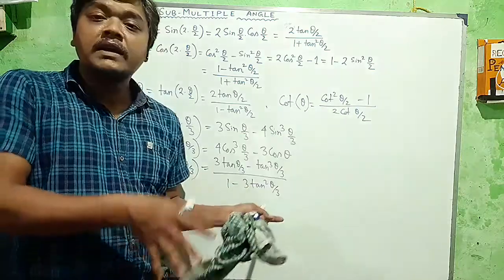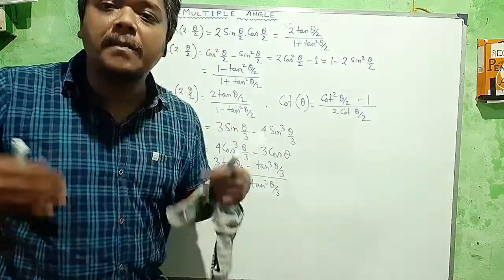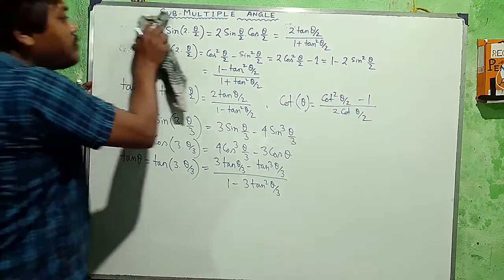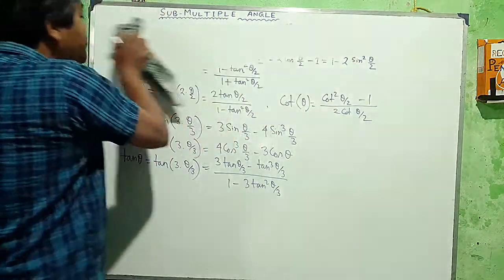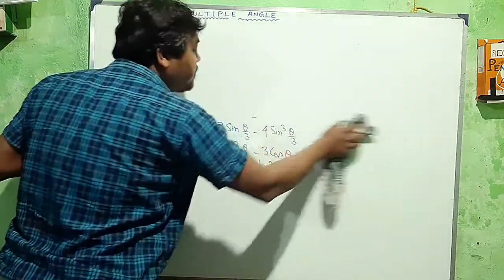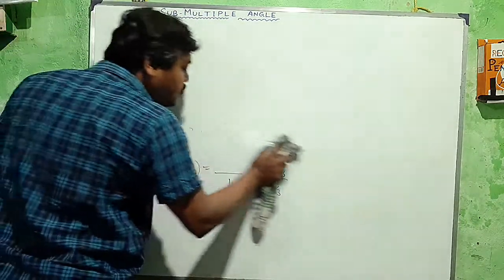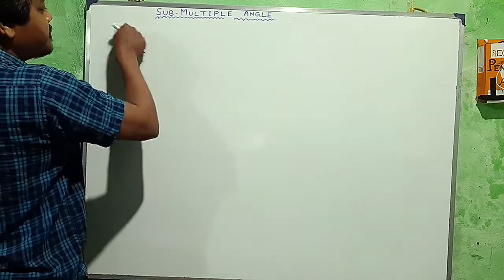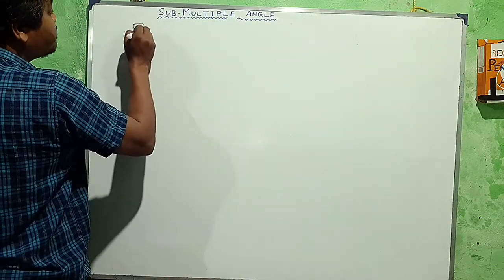By using these formulas of sub-multiple angle. So next we will discuss the values of the trigonometric ratios of 18 degree, 36 degree, 54 degree, 72 degree. Okay?